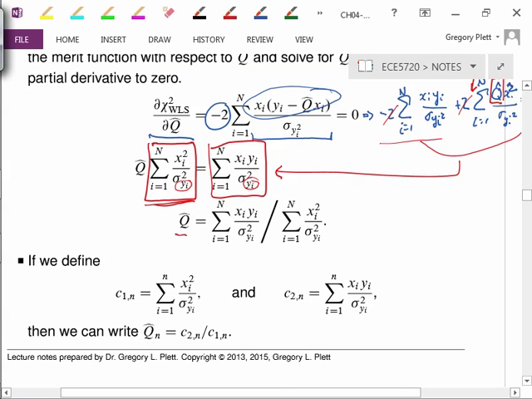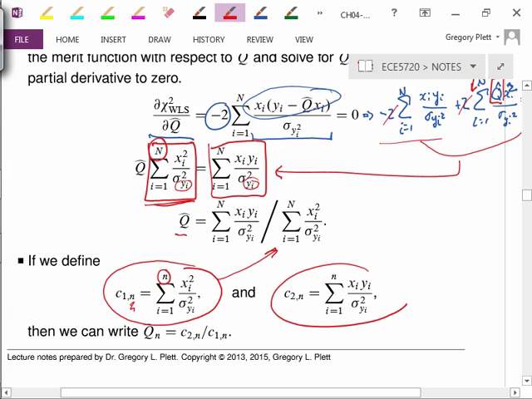With that in mind, we define a variable c1,n, where n is my time index of my latest measurement. So notice that instead of going all the way to capital N, which is the end, c1,n goes up to some arbitrary index. And it looks like this.